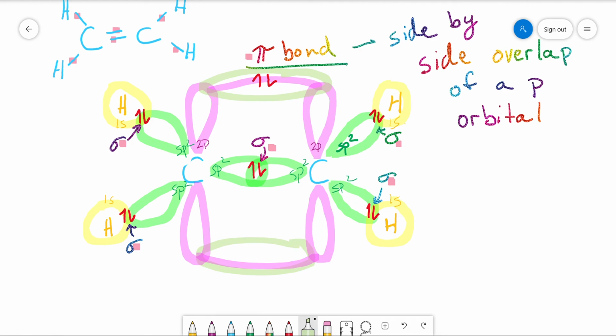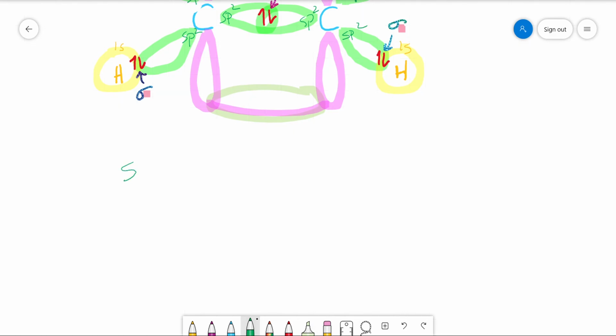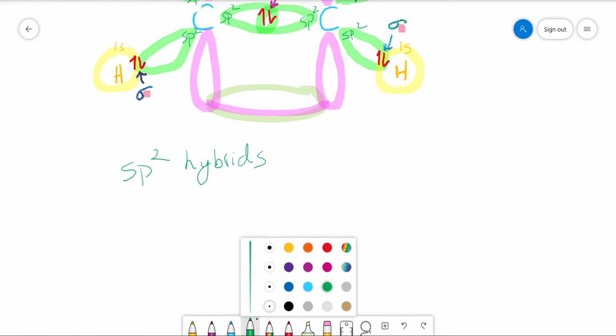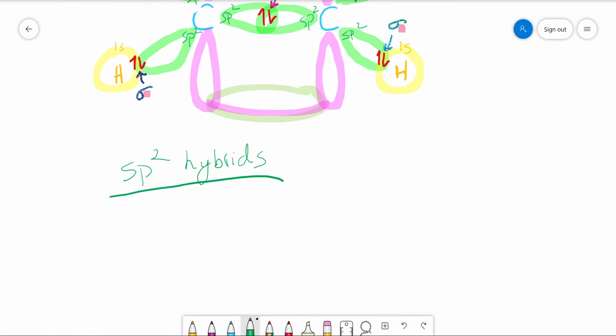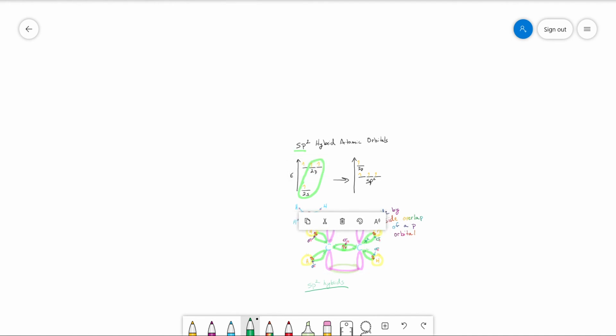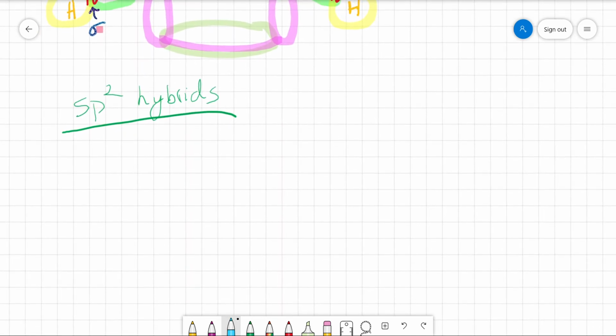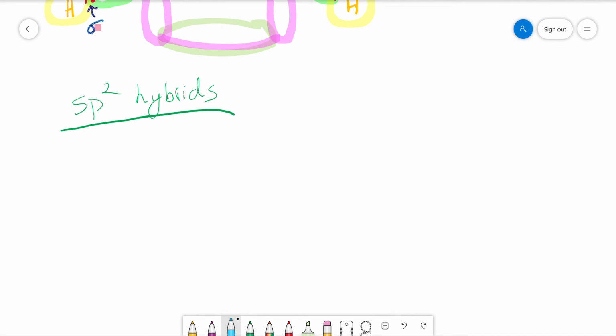So let's sum up sp2 hybrids. Something else that would be an sp2, really you've got to have a double bond there. Whoa, hello, yikes. Someday that won't happen when I'm teaching in class again. Okay, so there's an sp2 hybrid. That central carbon, that's an sp2 hybrid.